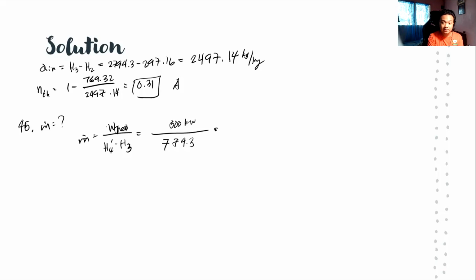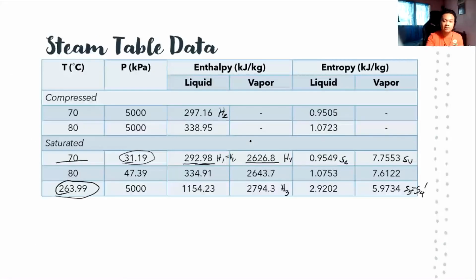Let's put that in absolute value because there is no negative mass flow rate. So that's 0.65 kilograms per second. And that is letter B in our choices.